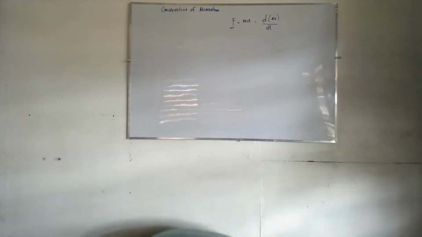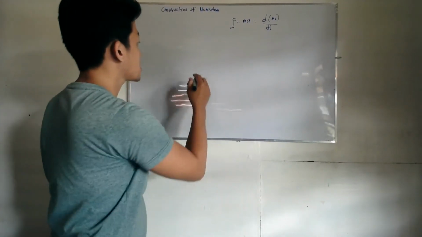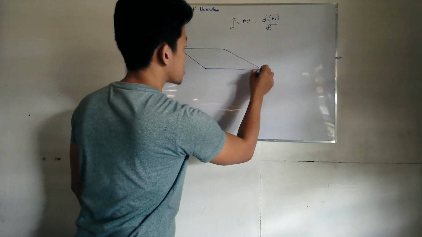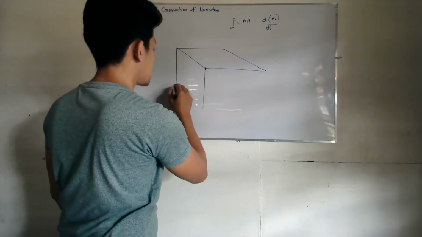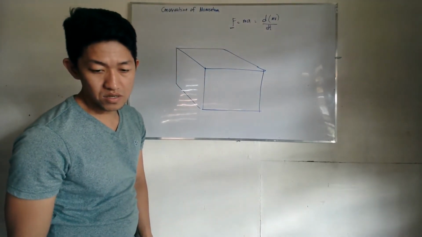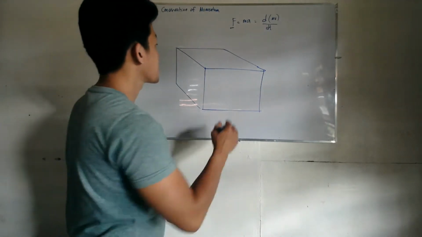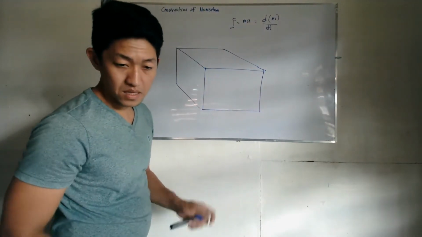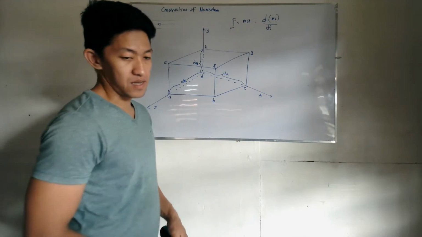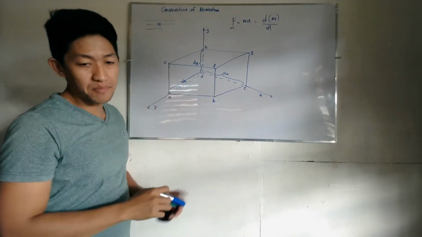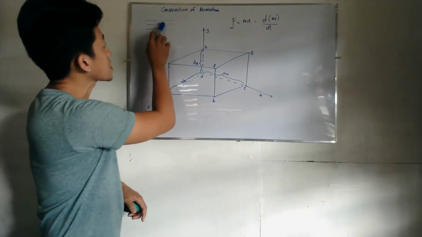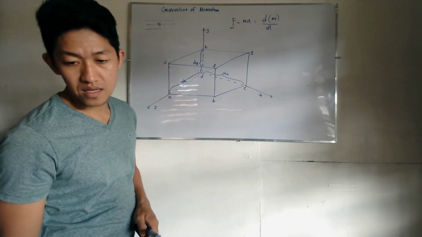Let's discuss the notation first. Imagine that you have this small fluid element and then we enlarge it. So this is what it looks like enlarged.